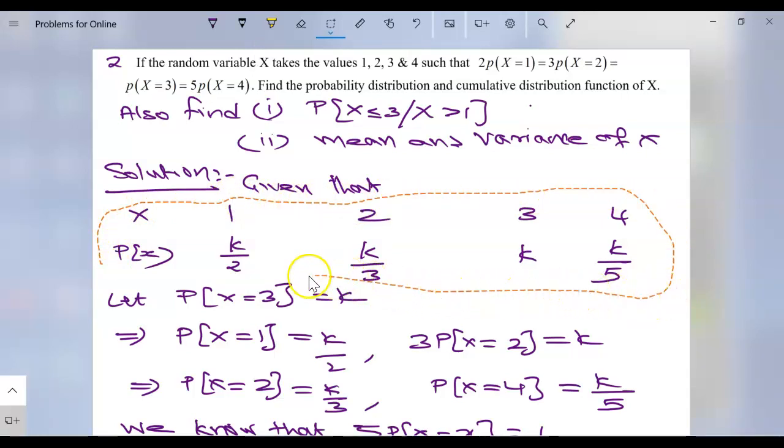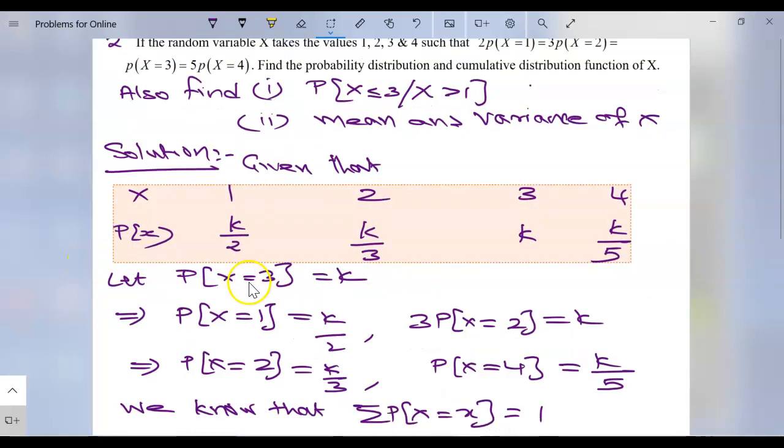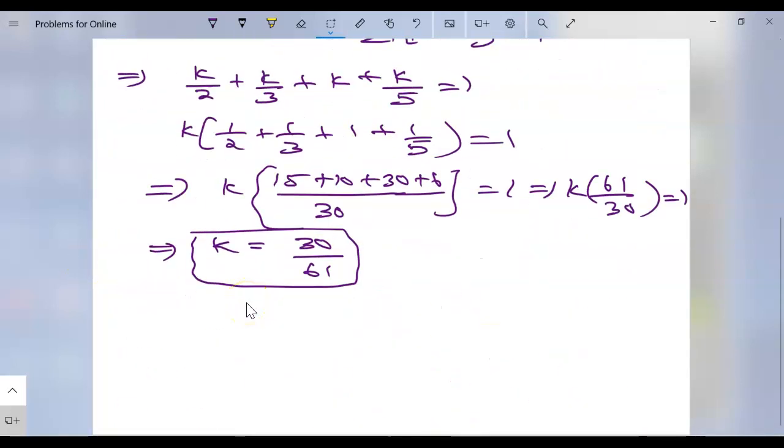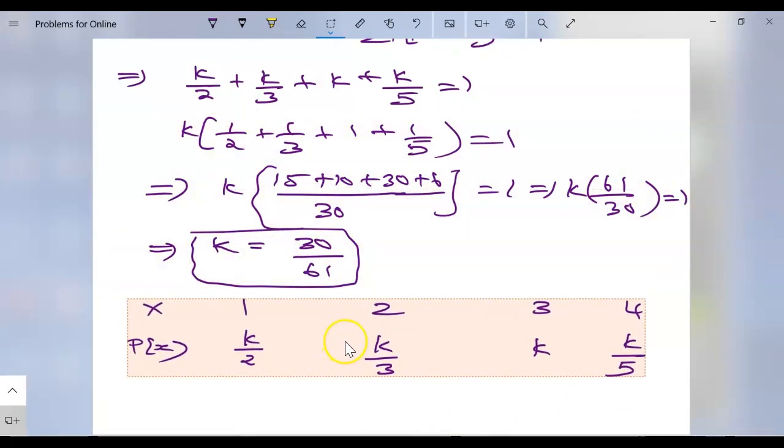Let me copy it and take it for you. So Control C and paste it here. So I have pasted here. So when I substitute the k value, k value is 30 by 61. So when I substitute 30 by 61, I'll get 15 by 61.